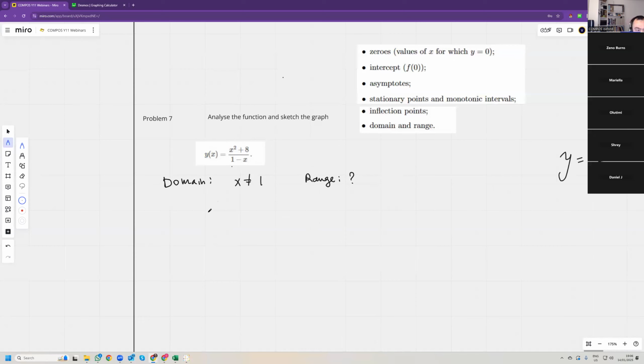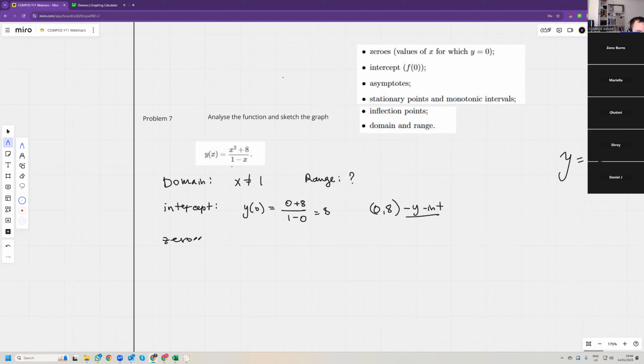So yeah. All right. So intercept. That's when x is 0. So y of 0 is 0 plus 8 over 1 minus 0, so that's 8. So (0, 8) is the y-intercept. That's useful.